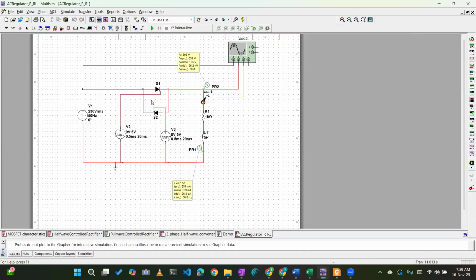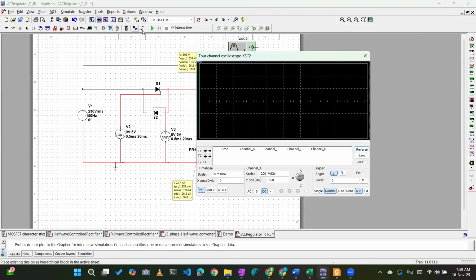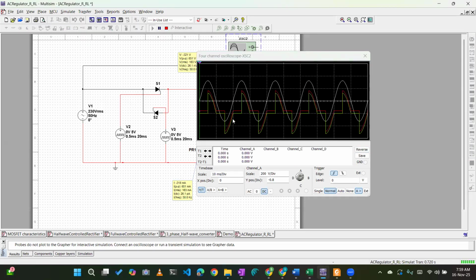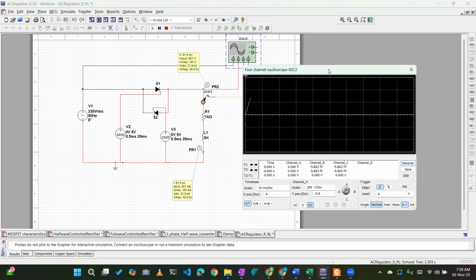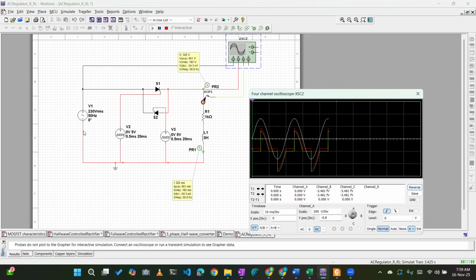Then the AC voltage regulator is also a similar circuit, just that you have a reverse connected SCR. So you will get your output voltage in the negative cycle as well. It is basically another AC voltage whose RMS is variable. So it is a fixed input RMS of 230 to a variable output RMS voltage converter.